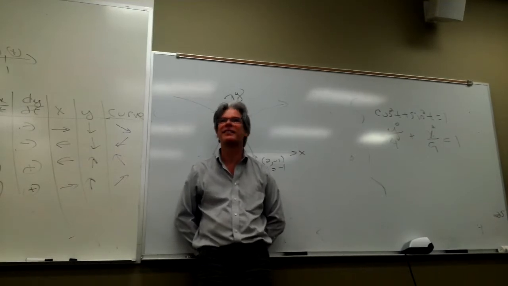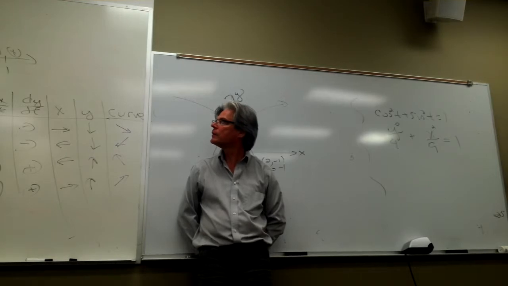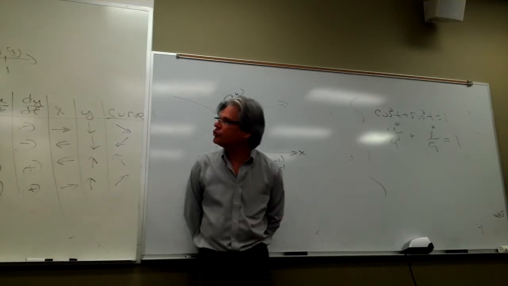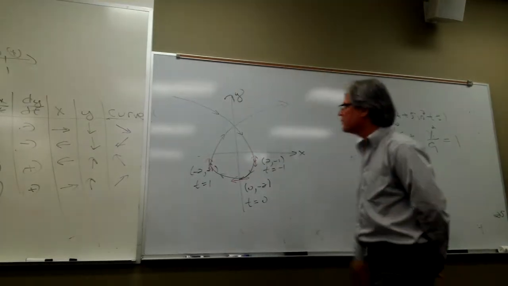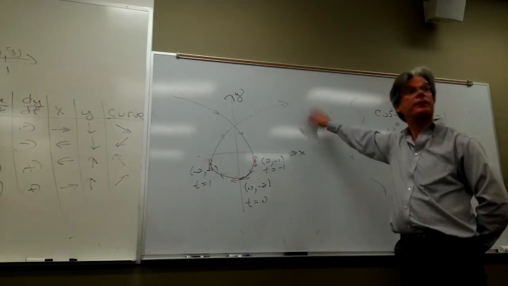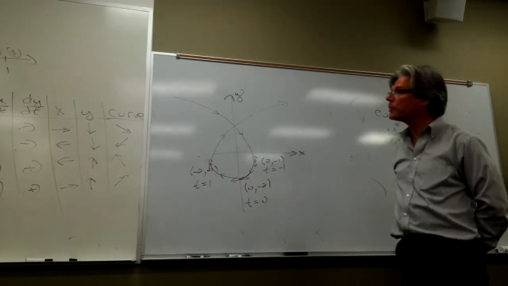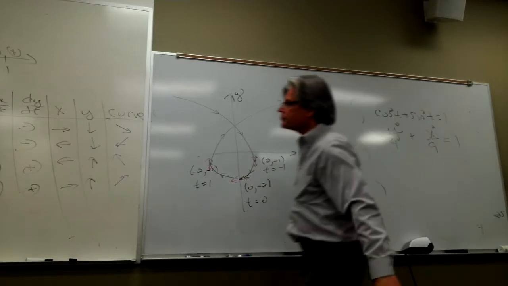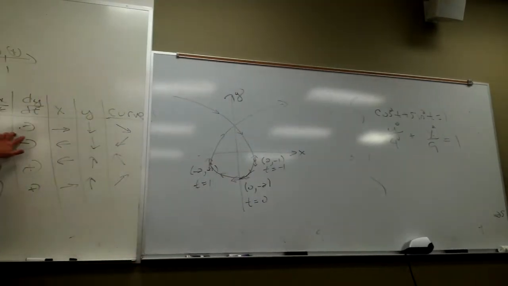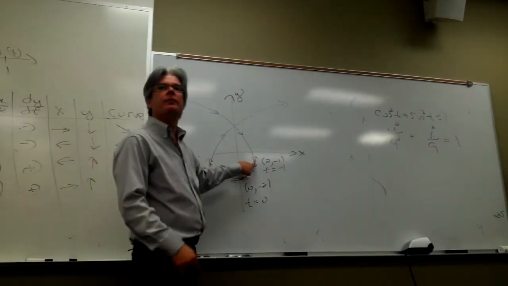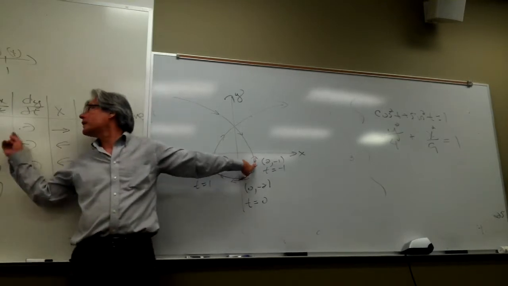So does the sign of dy/dx have any meaning here? Sure. I think the sign of dy/dx tells me whether the tangent line is positive or negative in this picture. Yeah, I agree completely. As a matter of fact, if t is less than -1, before I got to this point, dy/dx is going to be negative.